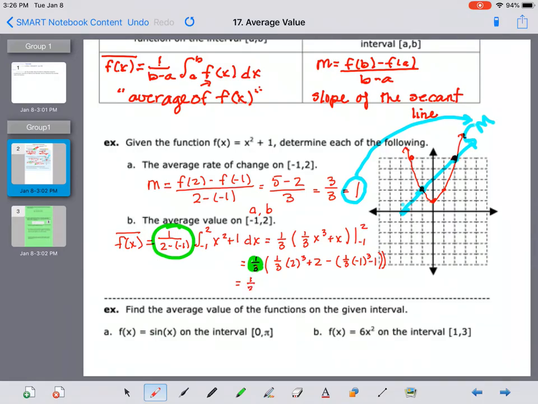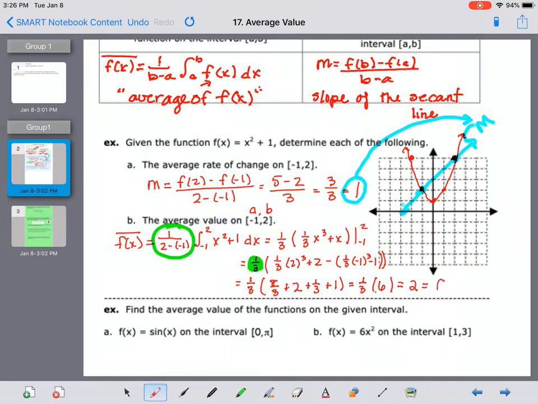Bringing it down, just following the process, if I do the calculations, I'm going to get 8 over 3 plus 2, and then when I distribute that negative, I'm going to get a positive 1/3 and a plus 1. This is going to simplify down to 1/3. If I add all those up, those fractions are nice and give us a total of 6. And then if I simplify that, I get 2.